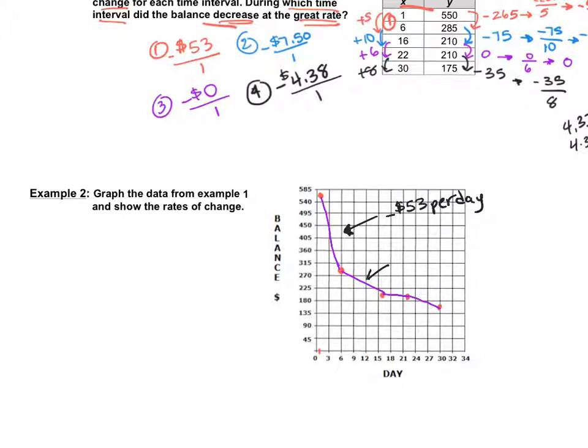This rate of change that occurred was the second one, which was losing $7.50 per day. This little section right here that did not change, and it should be a completely flat line, is $0 per day. And this last section right here was we lost $4.38 per day.